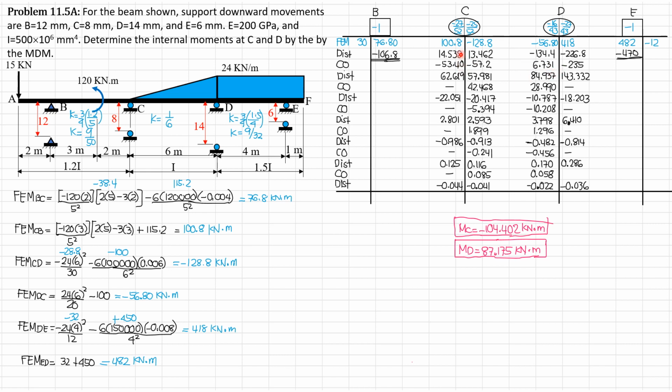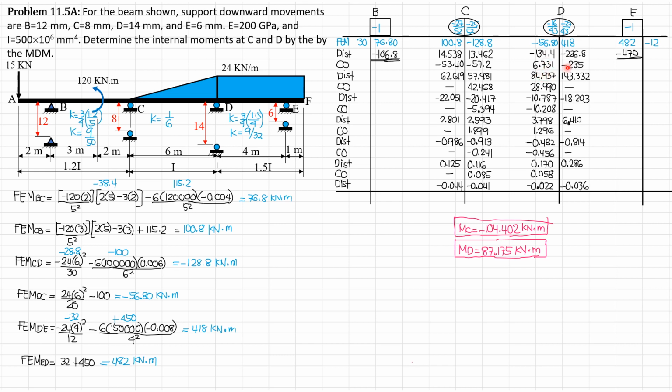So we have to distribute again. So quantity negative 53.4 minus 57.2 times negative 27 over 52. You'll have 62.619. Replace 27 by 25, 57.981 there. Then here, quantity 6.731 minus 235 times negative 16 over 43.